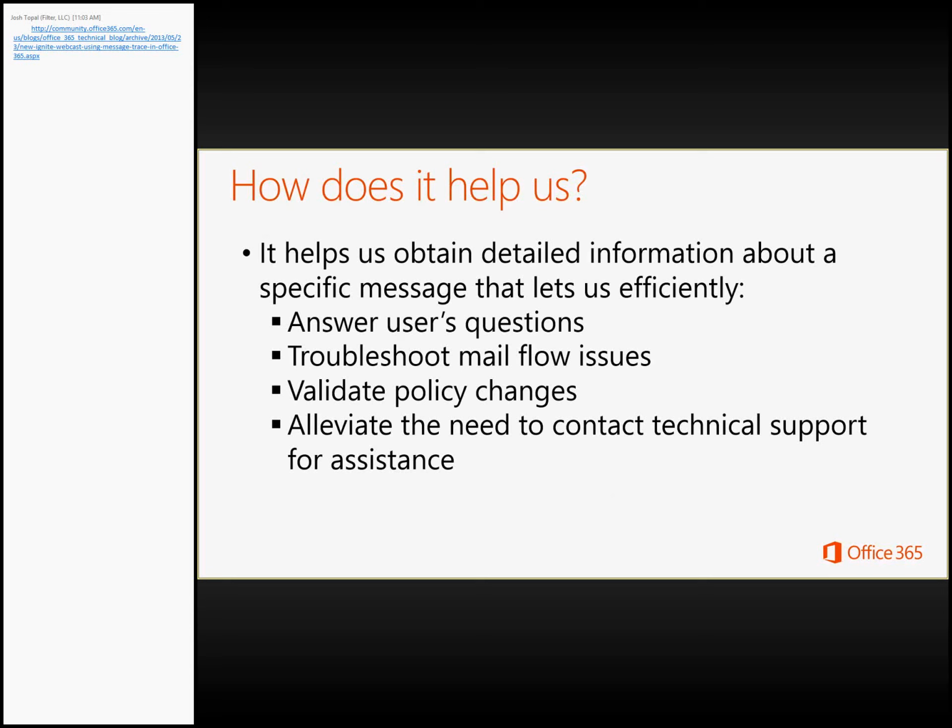Or why am I receiving unexpected email? It helps us to troubleshoot mail flow issues. For example, if there is a delay in sending and receiving email and we would like to know where the delay is, then we can use message tracing to troubleshoot mail flow issues.